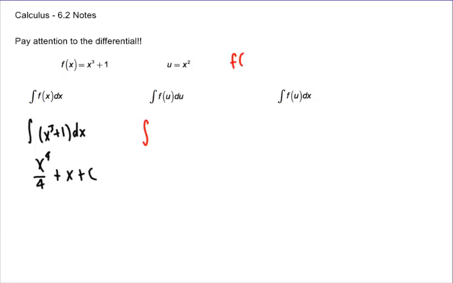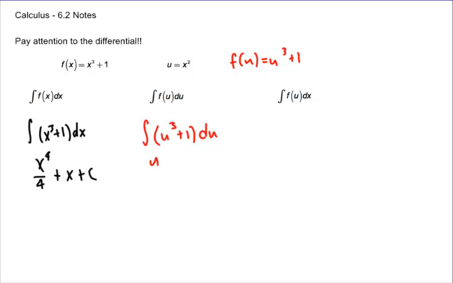So if I've got f of u, then what I have is u cubed plus 1 du. Because we're replacing the x with a u.